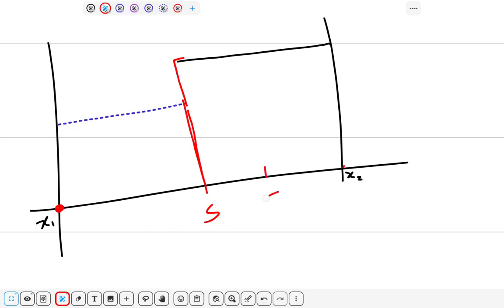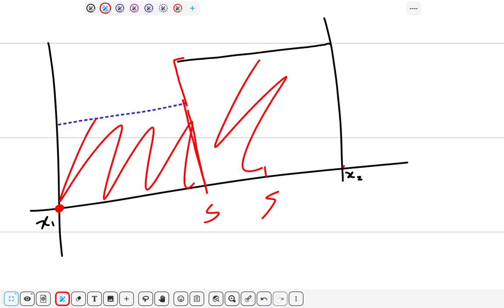If my s was supposed to be here, then I will have a step here, and this will be something like this. But now I kept my s here, so it's like this.